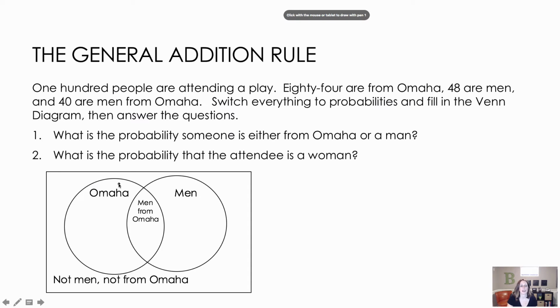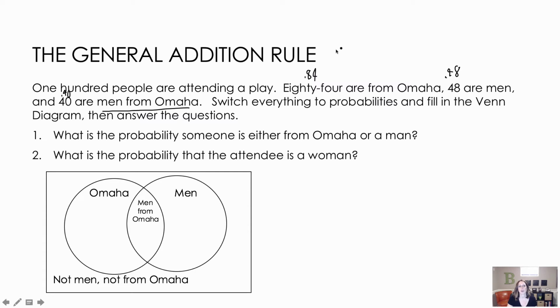For instance, here is a Venn diagram, and we have 100 people who are attending a play. 84 are from Omaha, 48 are men, and 40 are men from Omaha. I want to write everything as a probability, so if we have 100 people, obviously this is 0.48, this is 0.4, and then the rest are from Omaha, 0.84.